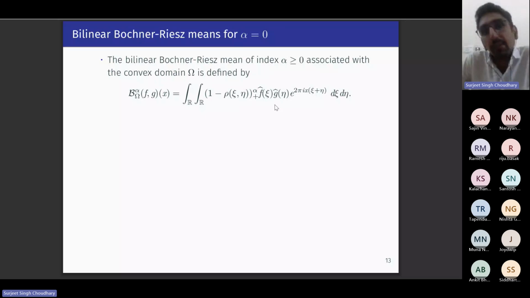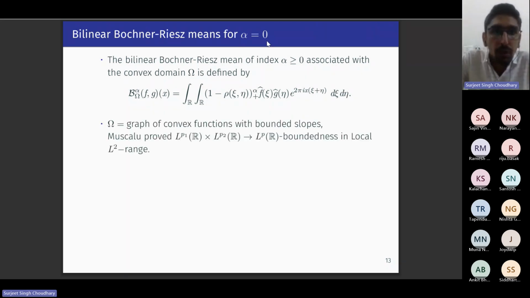There have been some studies for different domains, but those boundedness studies have been restricted to alpha equal to 0. For example, Muscalu studied this operator when omega is given by the graph of a convex function with bounded slopes, and he obtained the boundedness in the local L2 range.